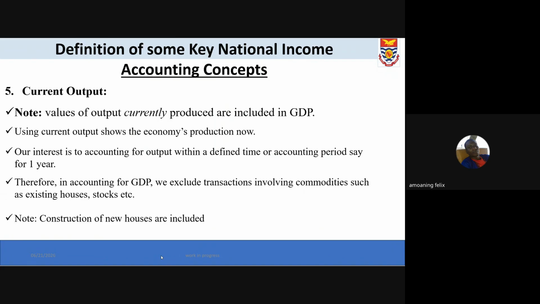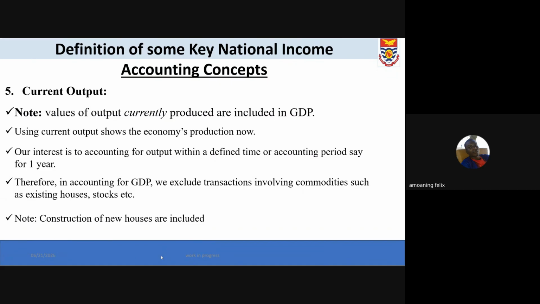So a house that was built, a real estate that was built in 2025 will not be considered when we are accounting for the income, the total product of the country. So our interest is to account for the output within a defined time or an accounting period, say 1 year.